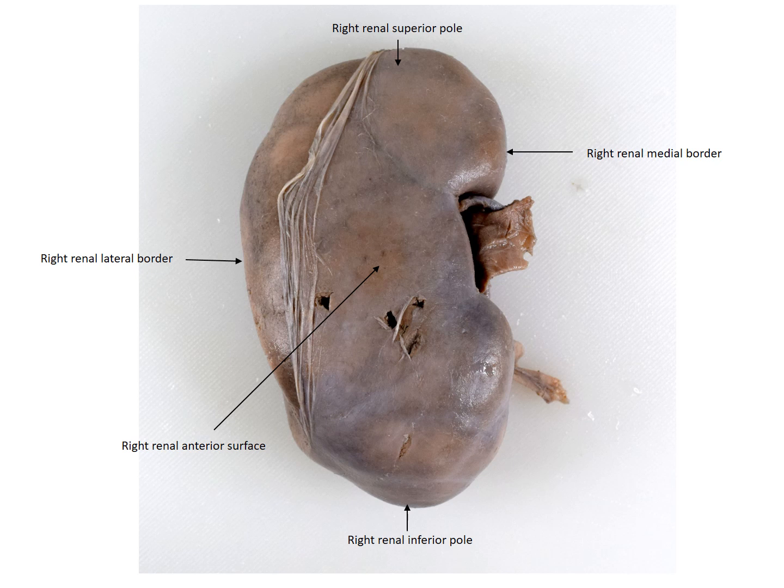This is the right renal anterior surface. This is the fibrous capsule of right kidney. Anteriorly we have right renal vein in hilum. Posteriorly and superiorly we have right renal artery, and posteriorly but inferiorly we have right ureter.